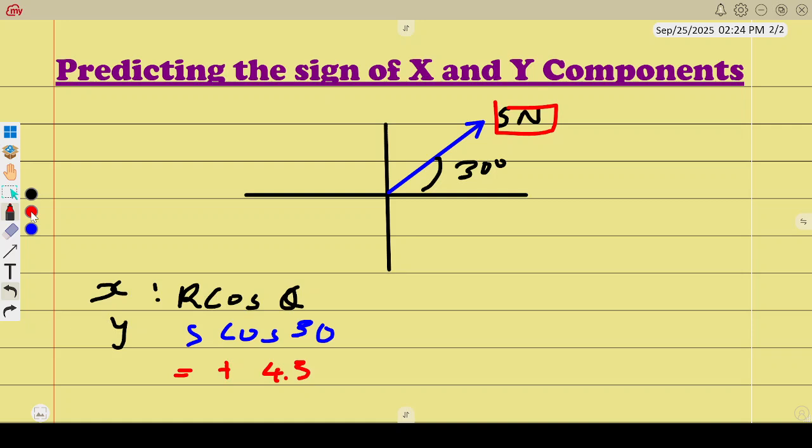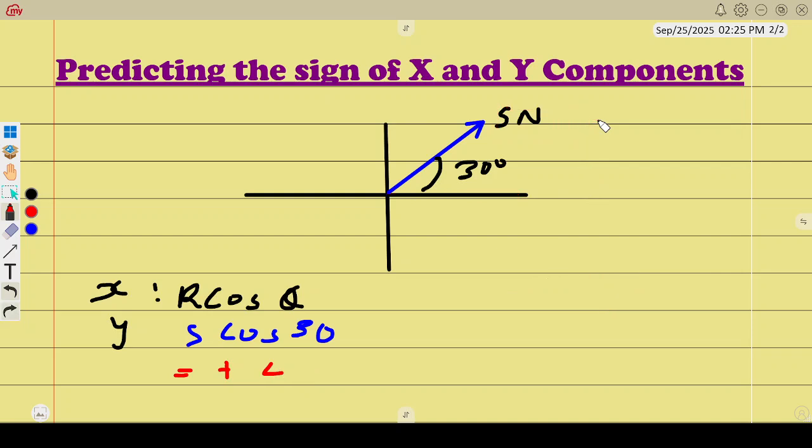How do you know that? Because the x component simply means the vector is going along the x-axis. If you look at this vector, it is going to the right, so the answer will always be positive. And in the y-axis, it is going upwards, so the answer will always be positive.